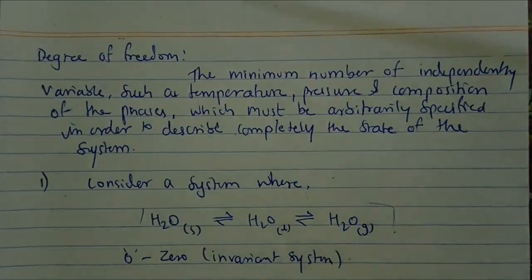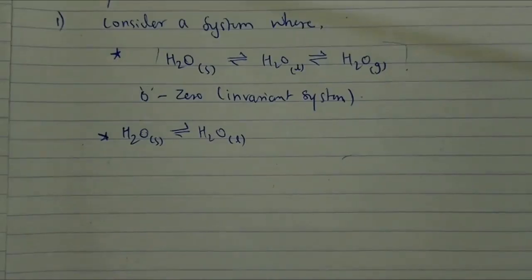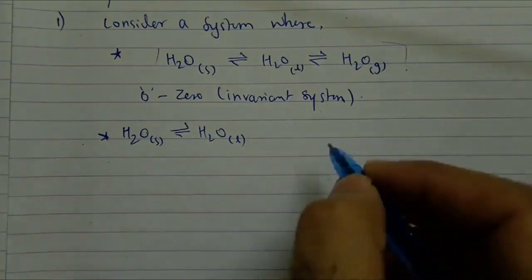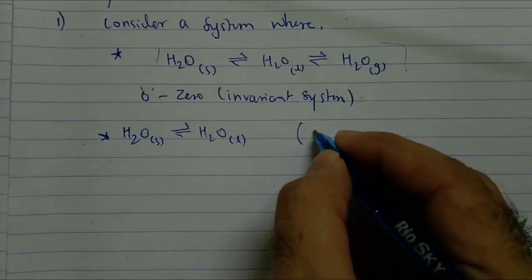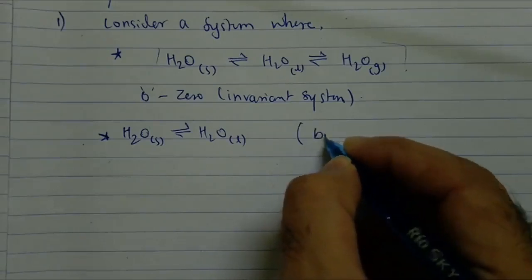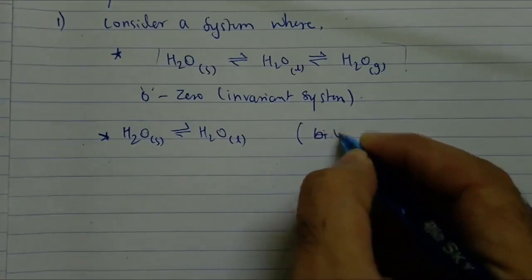Okay, now consider the example of solid, that is ice, and liquid. If this exists in equilibrium, now you can imagine this is existing in equilibrium. So this type of equilibrium or system is univariant.